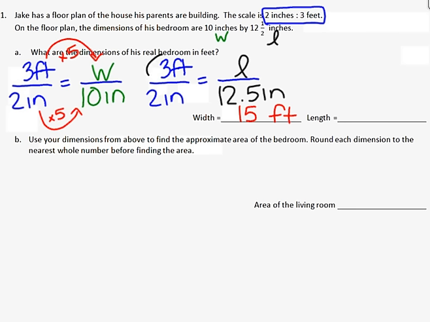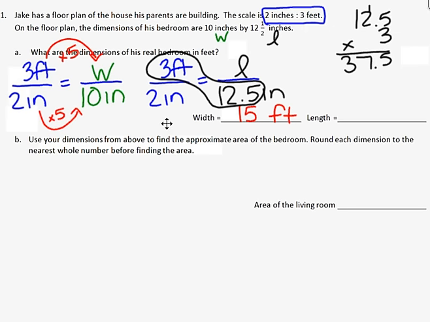So we'll multiply 3 by 12.5, so 12.5 multiplied by 3 is going to be 37.5, and that will equal the other cross product, which was 2 times L. So 2L equals 37 and 5/10. And from here, we're going to divide both sides by 2.